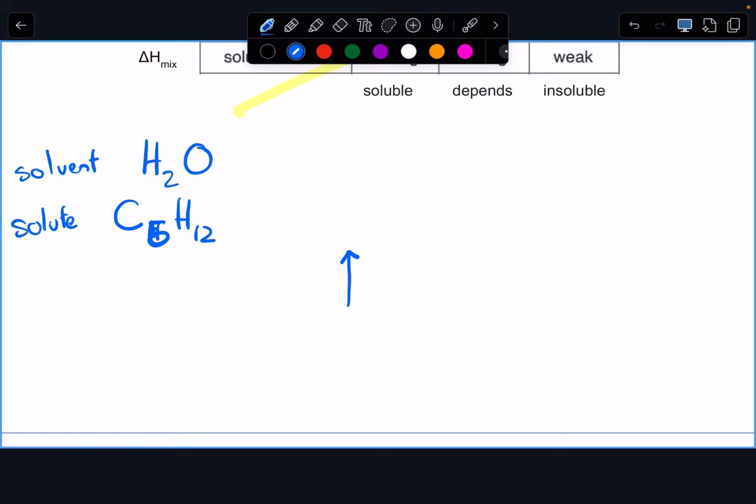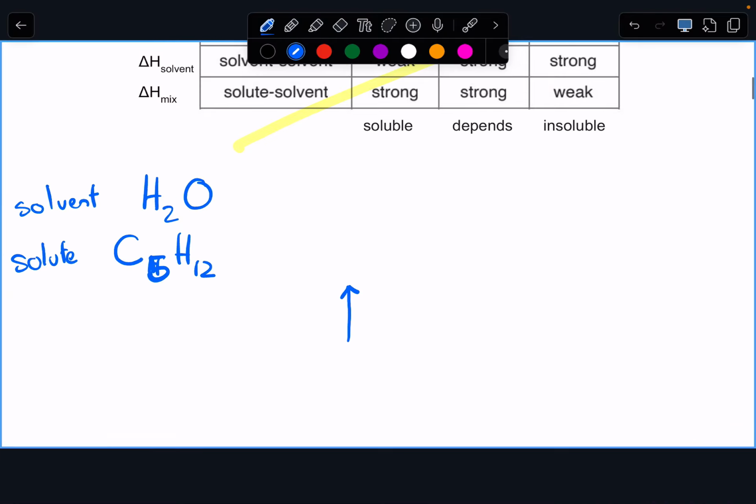Water, however, is hydrogen bonding, takes a ton of energy to break those apart, okay? Now, the interaction between water and pentane is very weak because pentane is only capable of dispersion forces. So step 3 is going to be quite small.